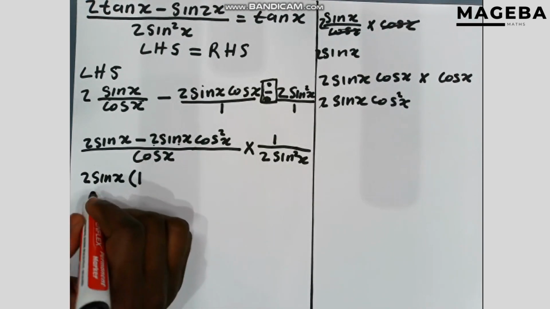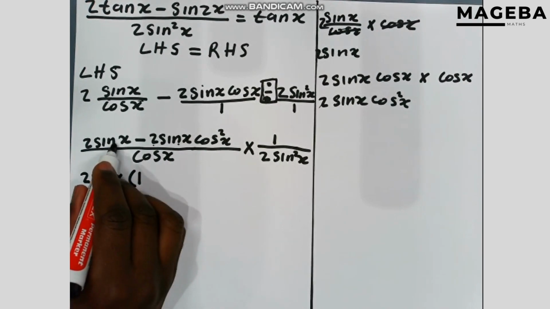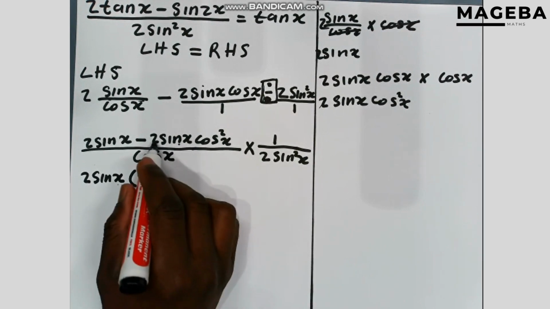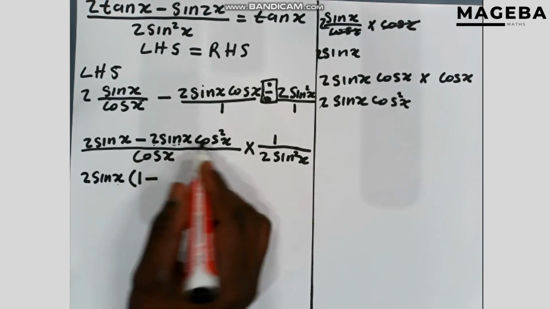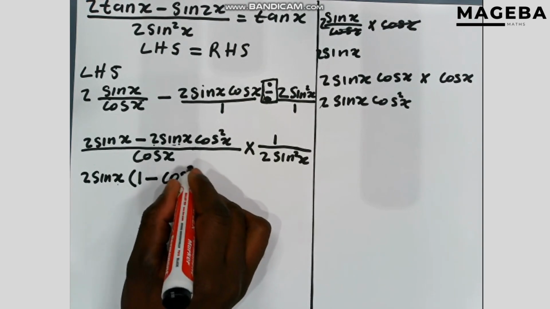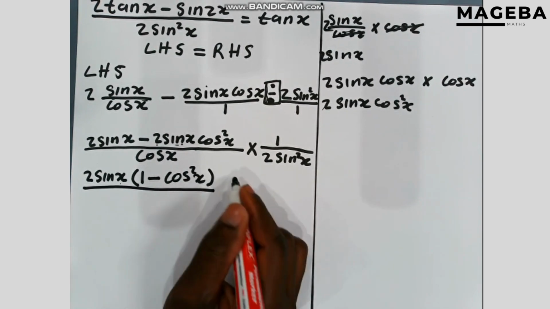Why 1? Because 2 sine x times this one gives us this one. And then minus, taking 2 sine x, you're going to be left with cos squared x. So it's cos squared x, close the bracket.